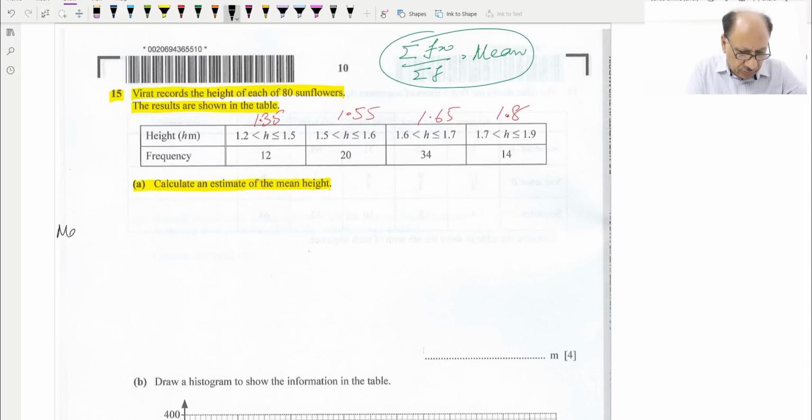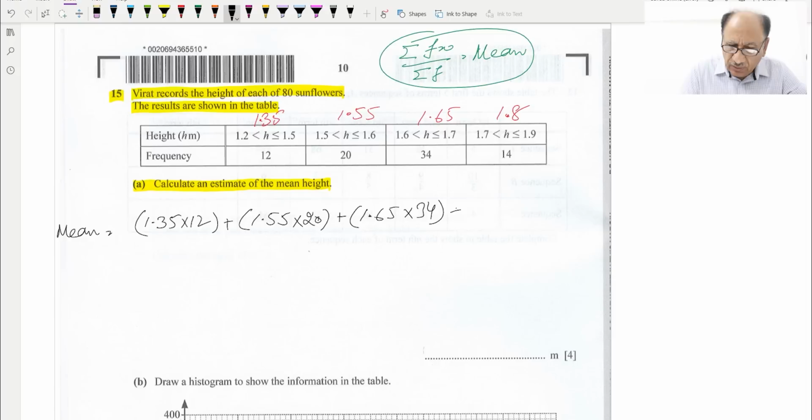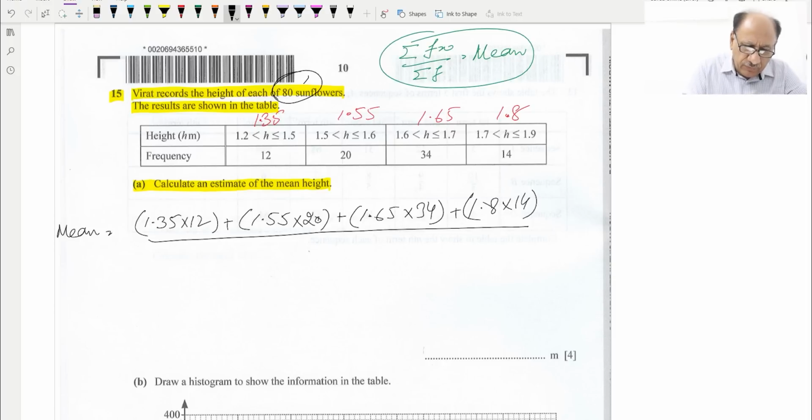Mean is equal to 1.35 multiplied by 12, plus 1.55 multiplied by 20, plus 1.65 multiplied by 34, and plus 1.8 multiplied by 14, and this whole will be divided by the sum, which is 80.